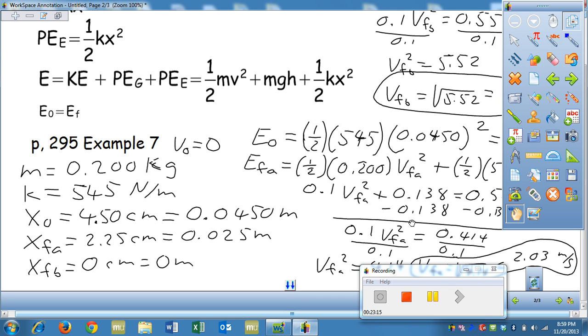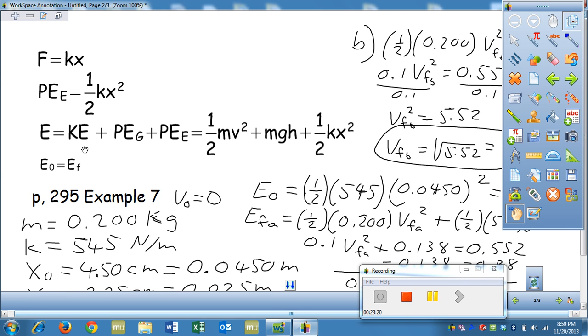So our biggest point here is that the elastic potential energy is 1/2 kx squared, and you just treat it like the gravitational potential energy and the kinetic energy. They're just energies. It's like a bookkeeping system.